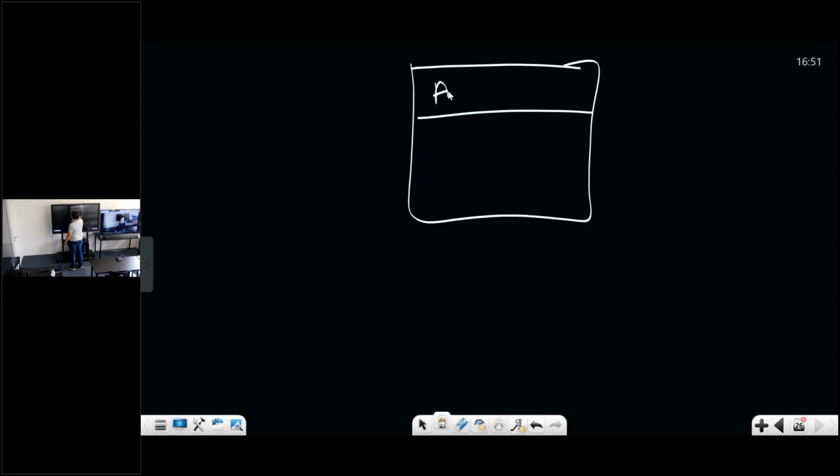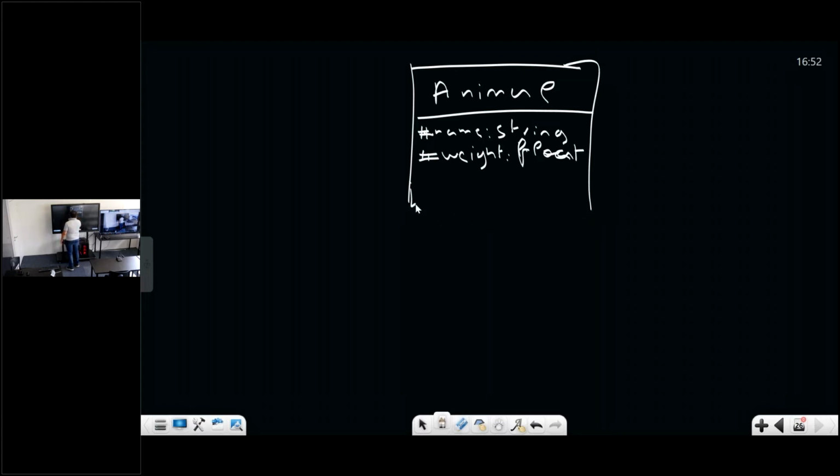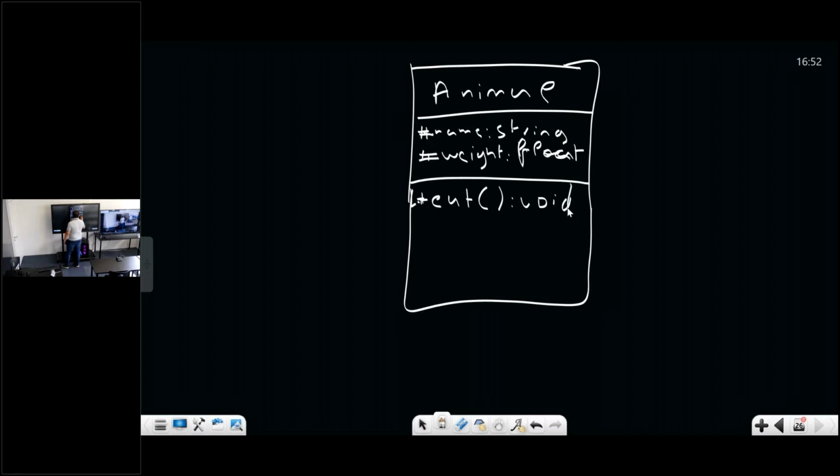So I will create my class animal, with a name, weight, and my functions eat, move and talk.